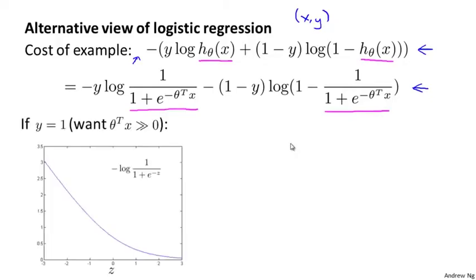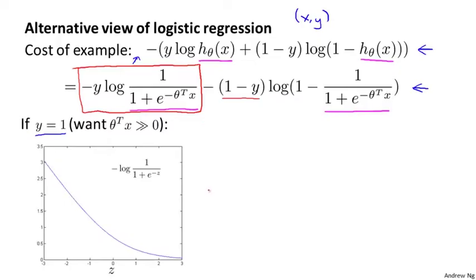Now, let's consider the two cases of when y is equal to 1 and when y is equal to 0. In the first case, let's suppose that y is equal to 1. In that case, only this first term in the objective matters, because this 1 minus y term would be equal to 0 if y is equal to 1.